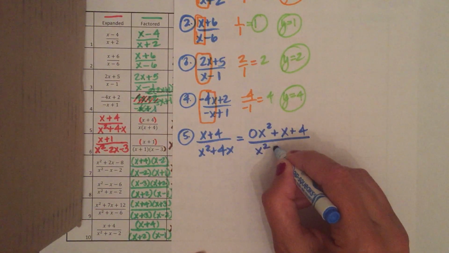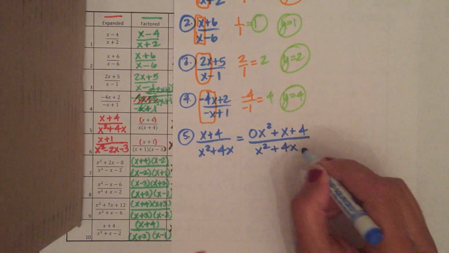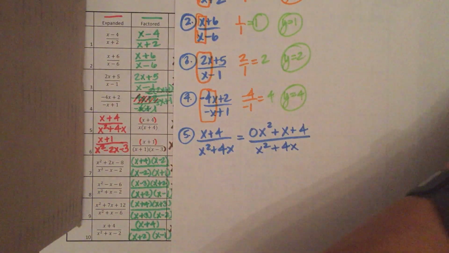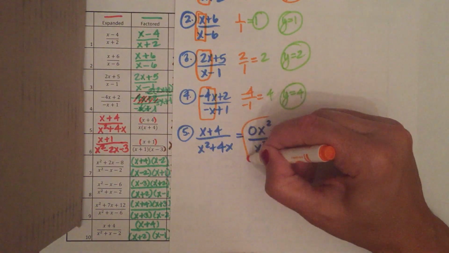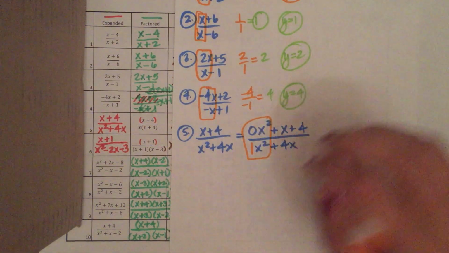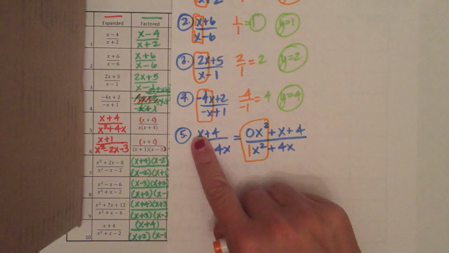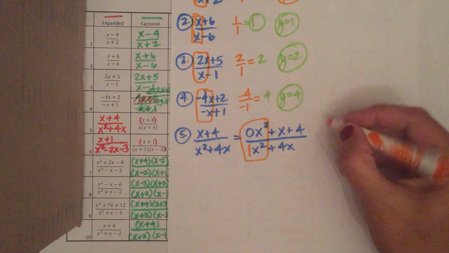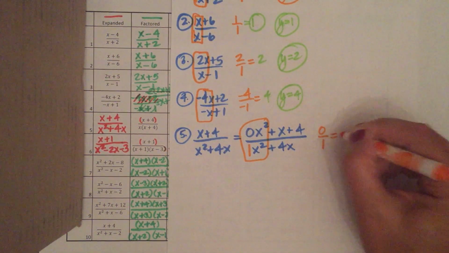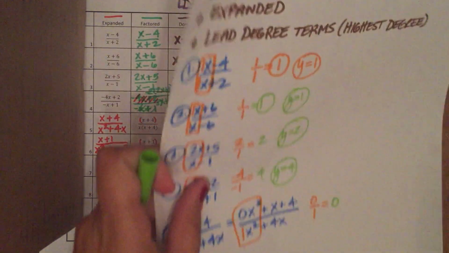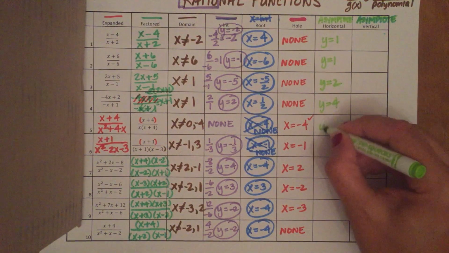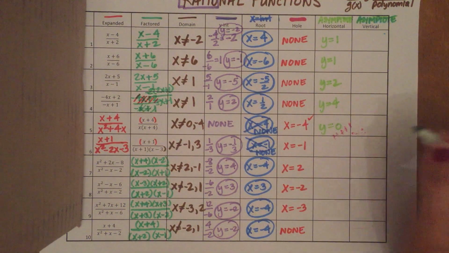And the denominator stays x squared plus 4x. Just because it's not written there doesn't mean I can't put a placeholder. So now it becomes 0 over 1. I'm putting the 0 there because there is no x squared term. So you get 0 over 1, which is going to be 0. So your horizontal asymptote here is at y equals 0.